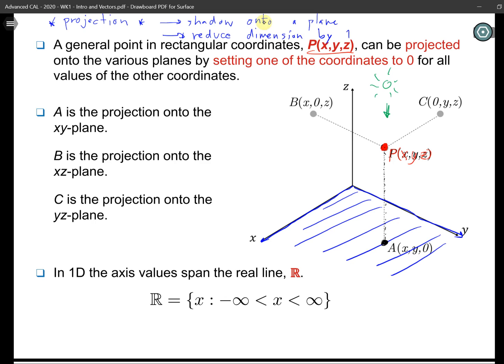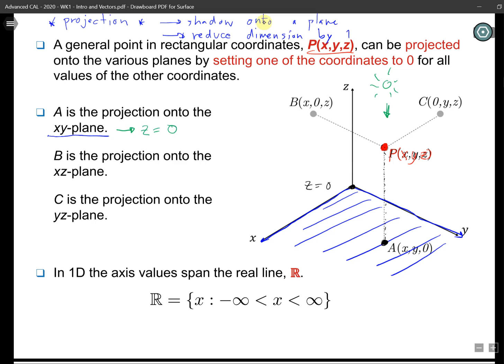I want you to notice something. Xy plane, this means that on this plane, what value of z is going to be? Of course, at this point on this whole plane, z is going to be equal to 0. So when you see this word xy plane, you need to know that it's about z equal to 0.